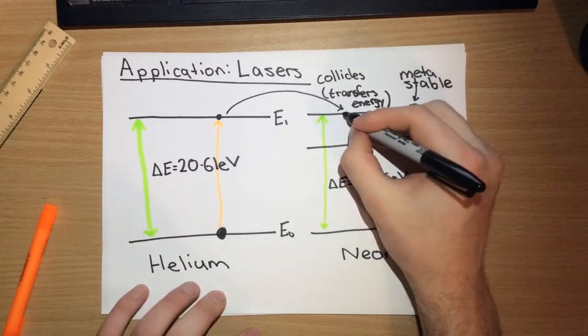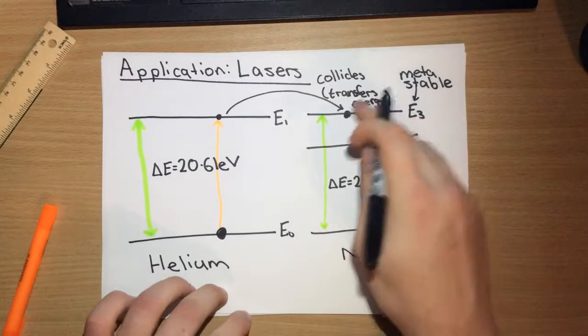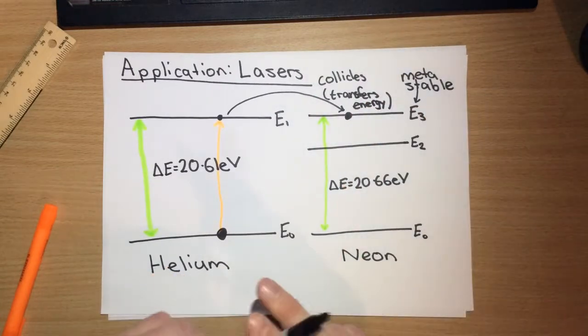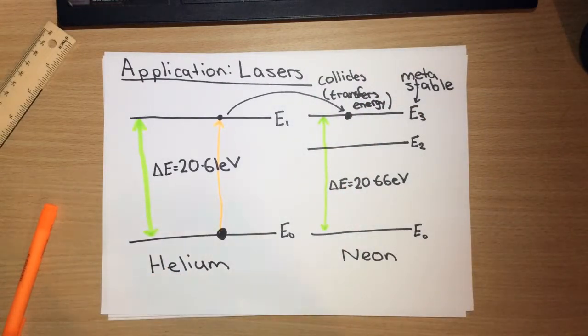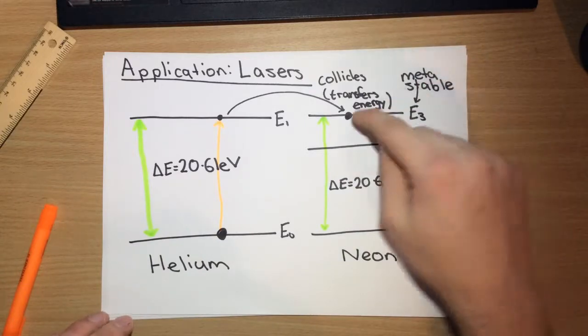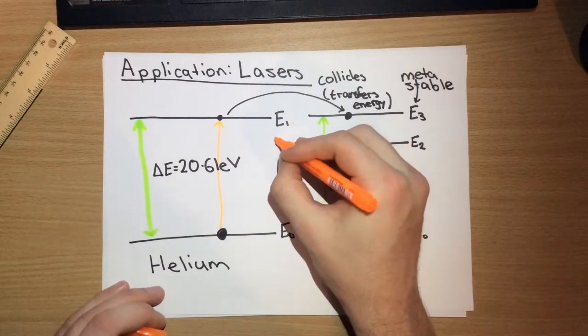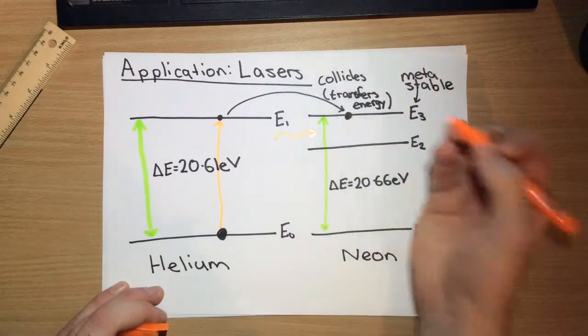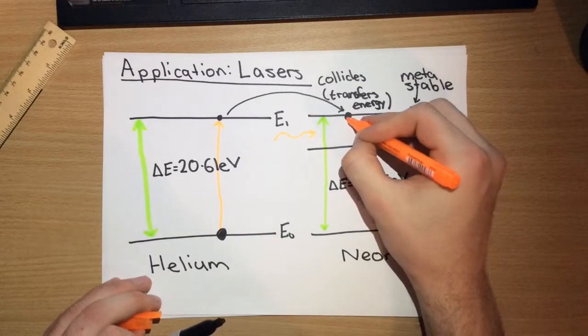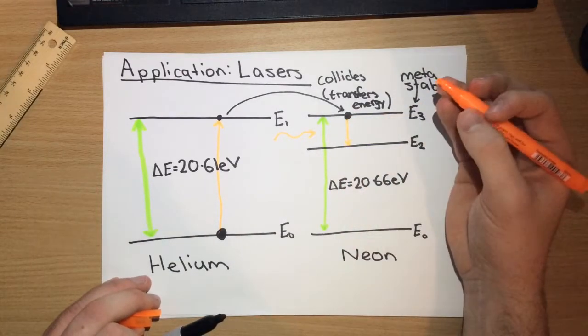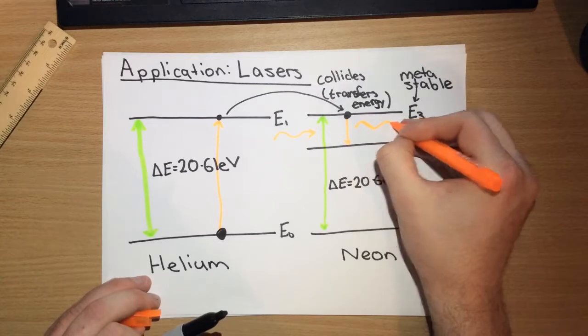What that results in is a neon having an electron in the third excited state. Now what we've got is a metastable state with an electron in it. So what happens next is a photon comes in, which kicks our electron down. And we know with stimulated emission, we produce two identical photons.